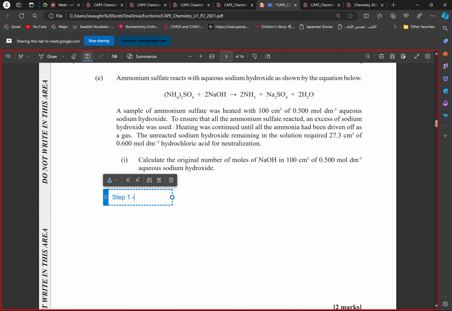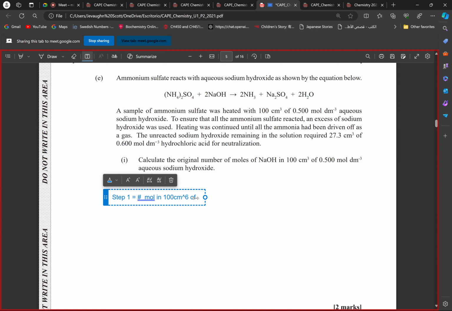Okay, so that's the step I wanted to get. But your method is fine, right? So let's look at this. Step 1 is just calculating the number of moles in the 100 cm cubed of the ammonium sulfate. That's what you're doing first.